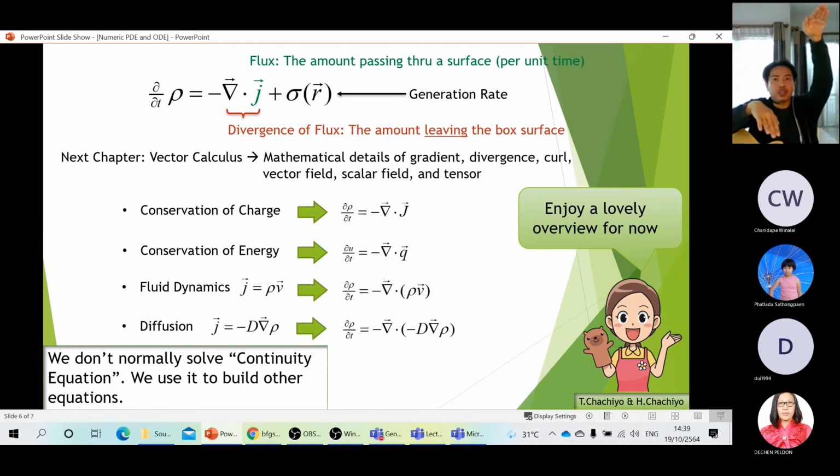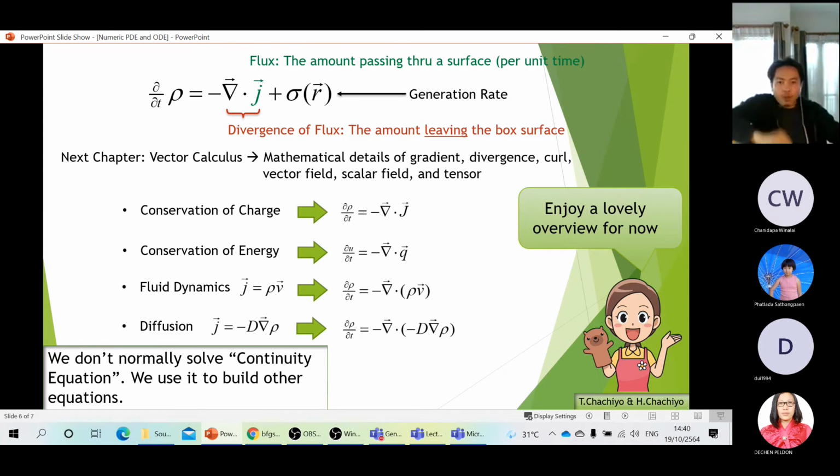Suppose here we have high density, very red color. Here we have this low density color. Now it's going to diffuse from here to there. But the speed of the diffusion depends on the gradient of the density. If you have a huge gradient, it diffuses very fast. If you have a very small gradient, it diffuses slowly. That's why in the beginning diffusion occurs very fast, then becomes slower and slower, and stands still at the end.